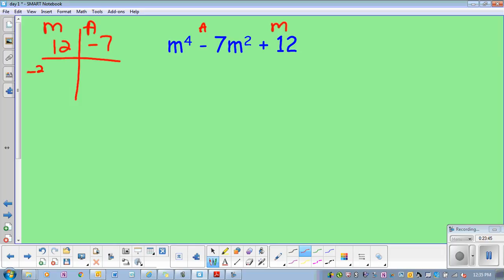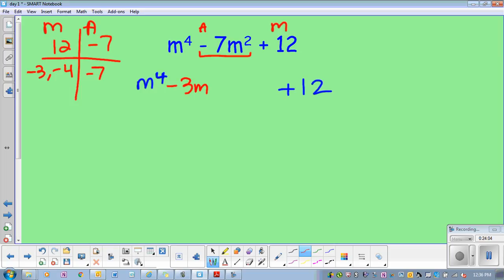Since it's m to the 4th, I'm going to bring down the first, bring down the last, and rewrite this minus 7m squared into these two numbers that Will gave us.